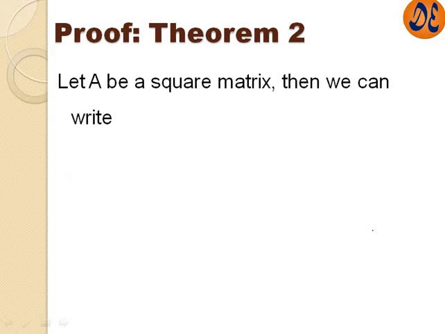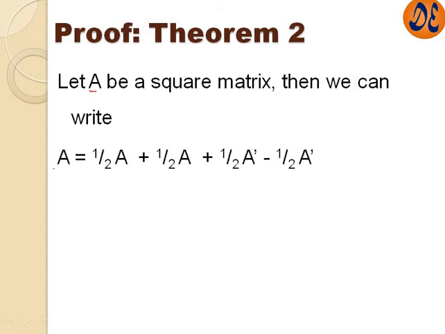Now let us prove theorem number 2. Again let A be a square matrix. Then what can we write? We can write A as half A plus half A, total A, and half A dash minus half A dash, that means half the transpose of A and minus half the transpose of A. If we add and subtract both, we get a null matrix, and a null matrix added to anything does not change it. So we can write this.